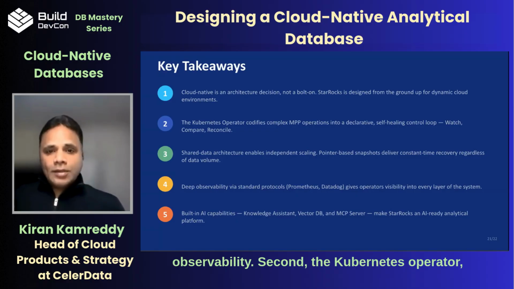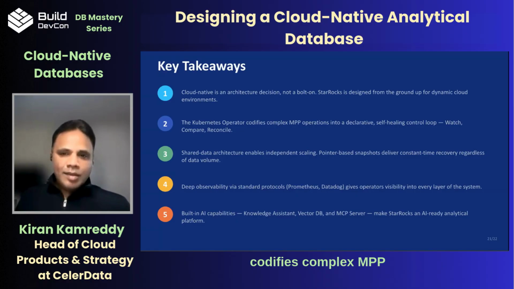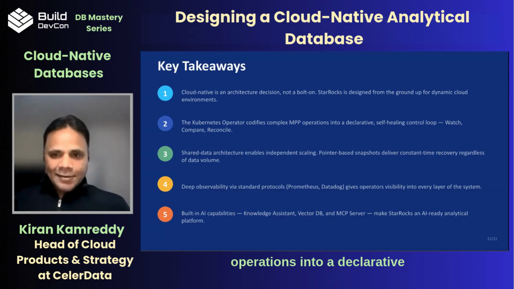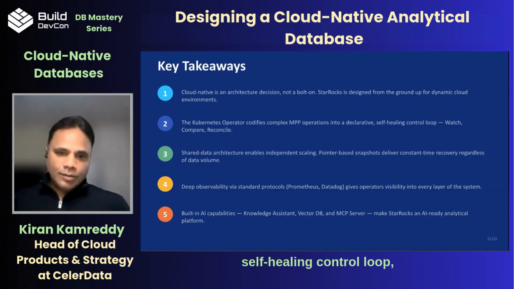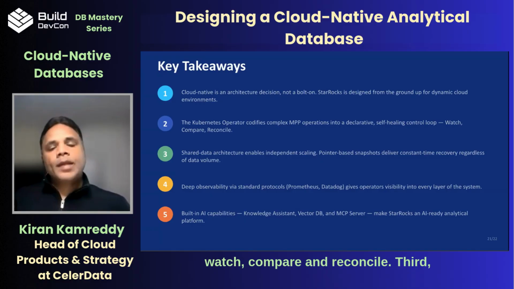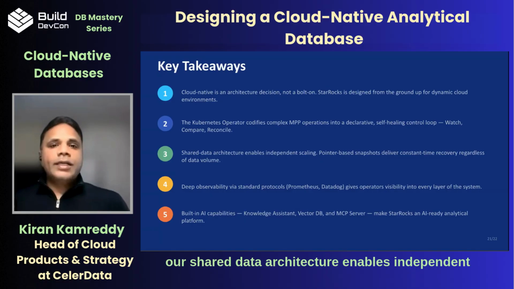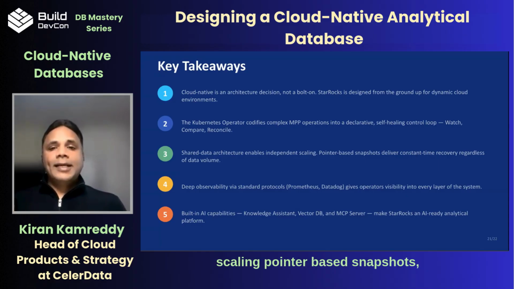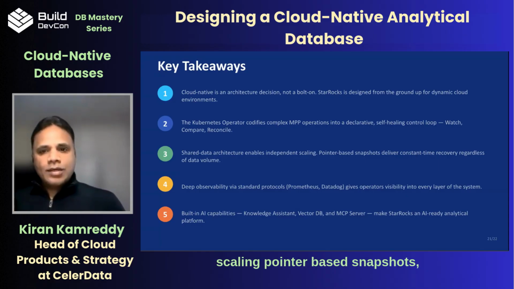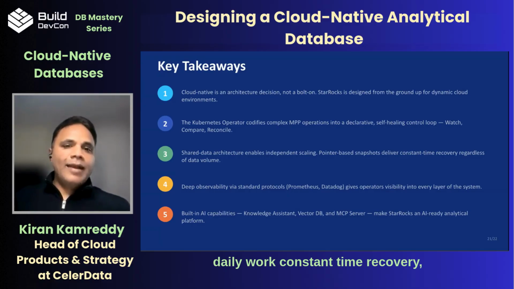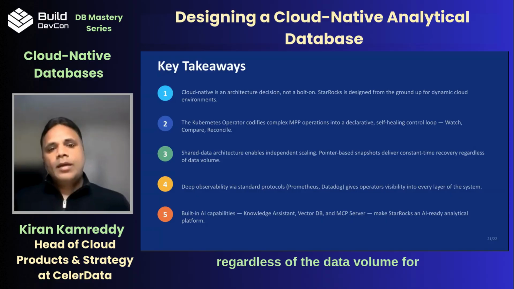Second, the Kubernetes operator codifies complex MPP operations into a declarative, self-healing control loop. Watch, compare, and reconcile. Third, our shared data architecture enables independent scaling. Pointer-based snapshots deliver constant-time recovery regardless of the data volume.